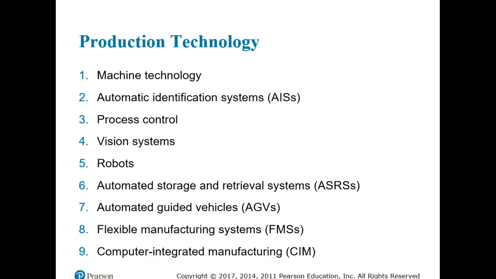You have your machine technology, your automatic identification systems, or AIS, your process control, your vision systems, your robots, your automated storage and retrieval systems, which are your ASRS, and your automated guided vehicles, your flexible manufacturing systems, your FMS, and the computer integrated manufacturing, the CIM.